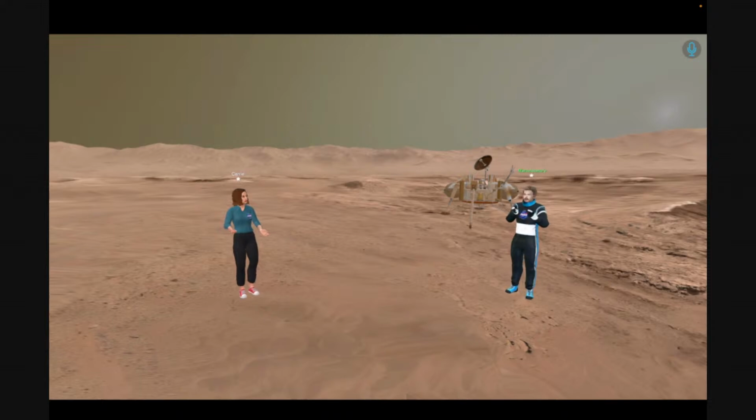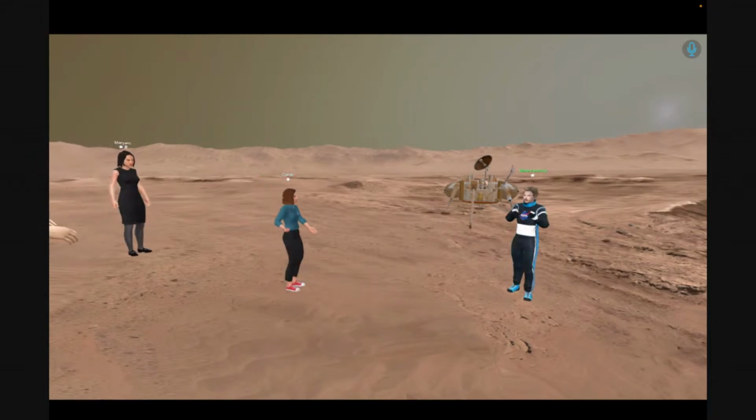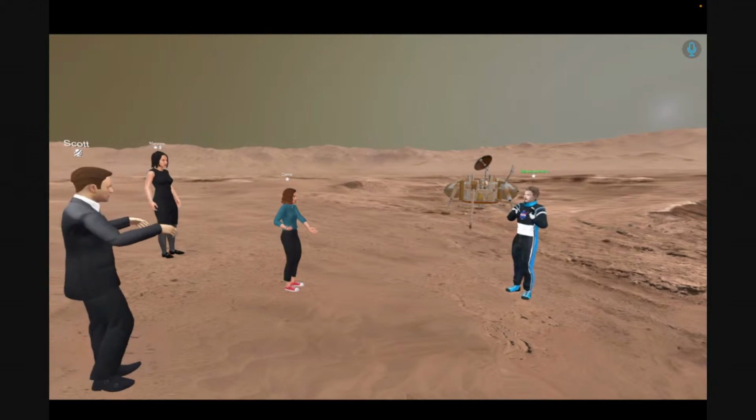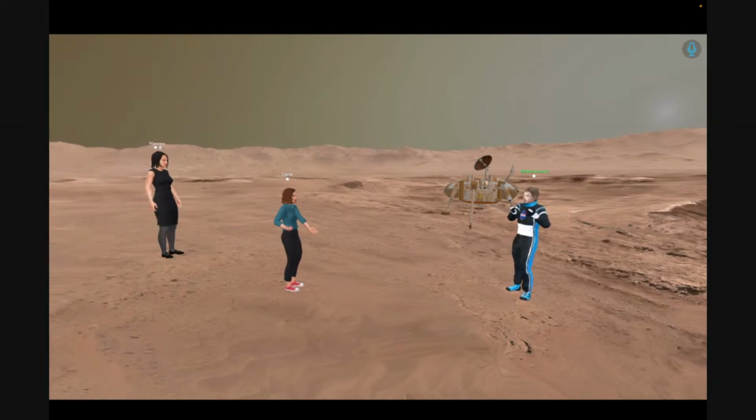If you allow me to step in, I think the issue with these submersibles is cross-contamination, right? We need to make sure that this is very clean, because we don't want cross-contamination. Yeah, definitely.